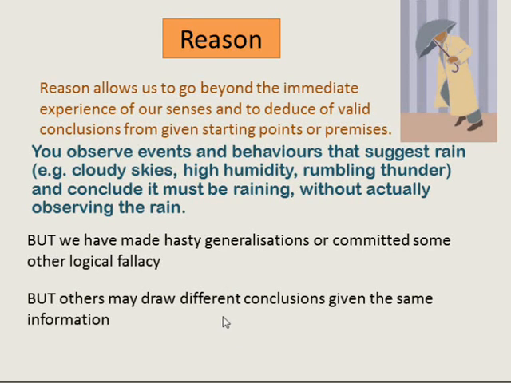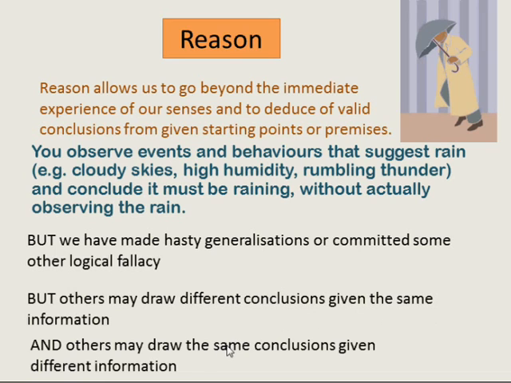Maybe given the same information, others could draw different conclusions. Or others may draw the same conclusions with different information. I might see the rain, you might hear the rain, we both deduce that it's raining. So reason is not always as simple, and it is often a lot more subtle than we think it may be.